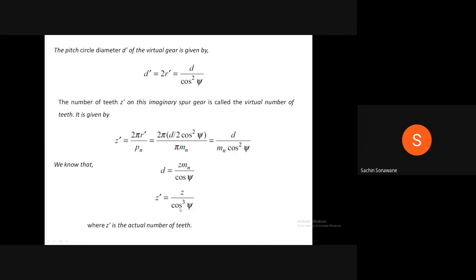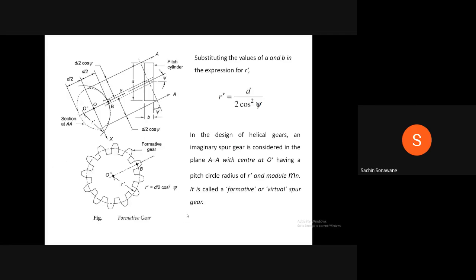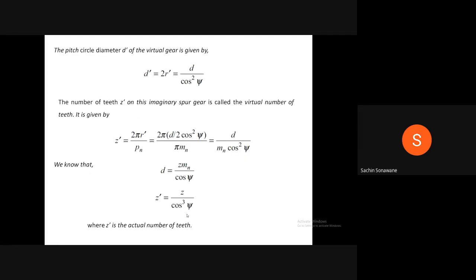Therefore, z dash is equal to z upon cos cube psi, where z is the actual number of teeth and z dash is the number of teeth on the imaginary spur gear, or the virtual number of teeth. Therefore, z dash is equal to z divided by cos cube psi. Please write down this and we will stop.